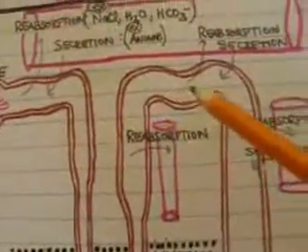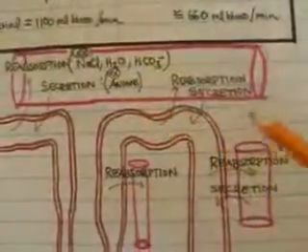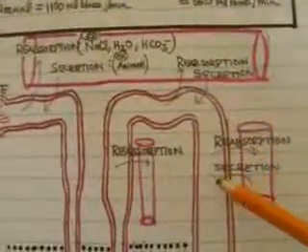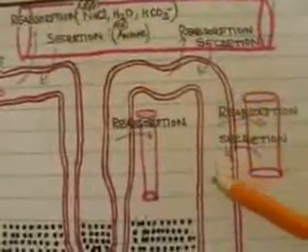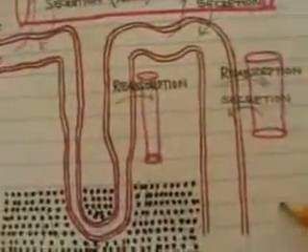And it continues up into the distal convoluted tubule, which again, the process of reabsorption and secretion, until you get to the collecting tubules, whether it being the cortical collecting tubules or the medullary collecting tubules.